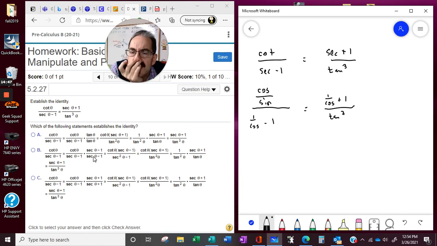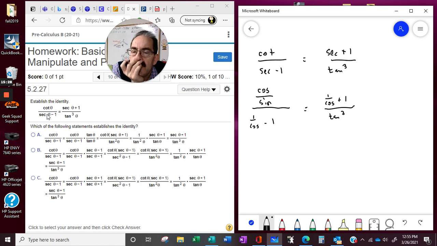Multiplying top and bottom by secant. Establish the identity.